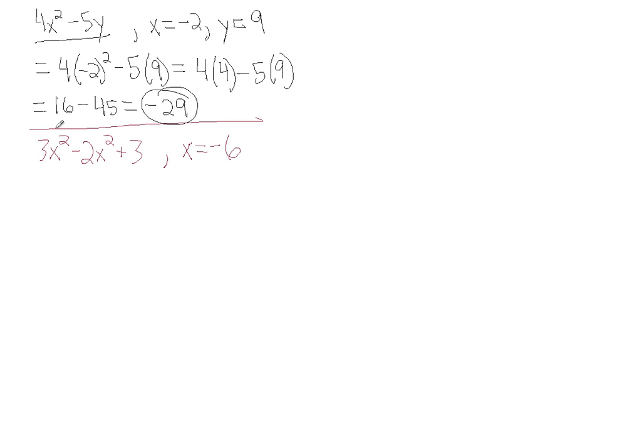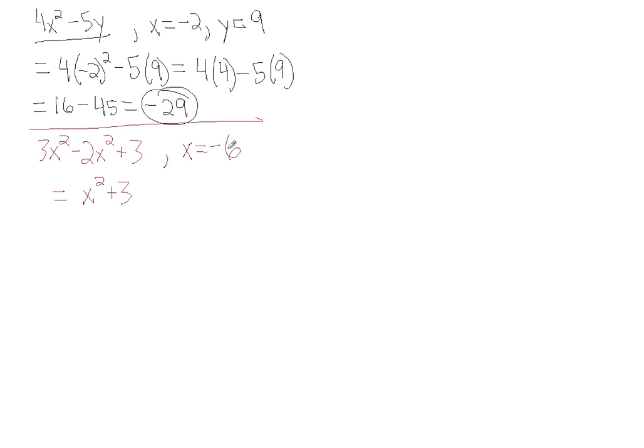Okay, we can actually simplify this before we do our substitution. We have two terms here with the same variable raised to the same power. So what that means is we can actually combine these two. 3x squared minus 2x squared is a positive 1x squared, or just x squared. And then we have a plus 3 right here.